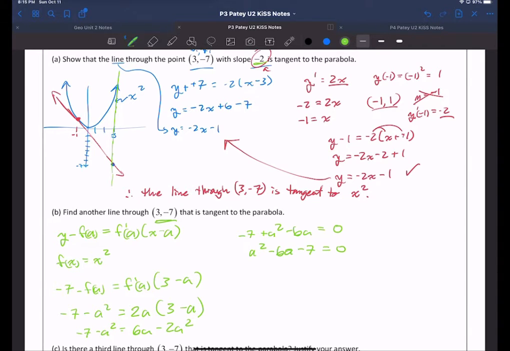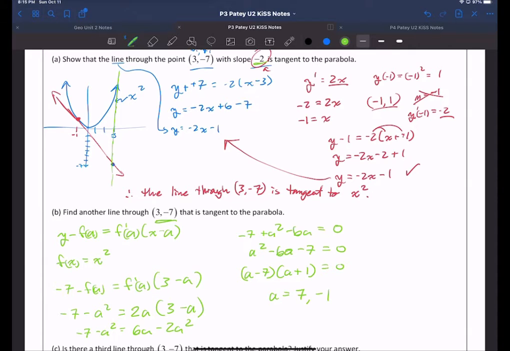Hopefully it's factorable. Yep, -7 and +1. That would multiply to give me -7, and that would add to give me -6. Perfect. When we set both of those equal to 0, we get +7 and -1.